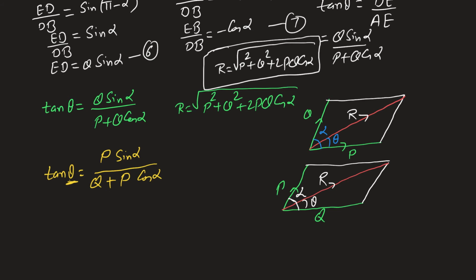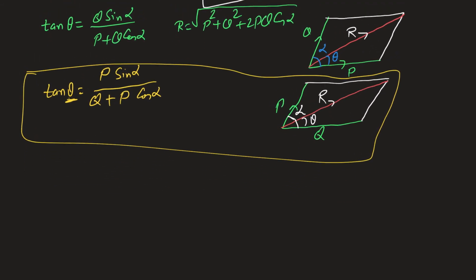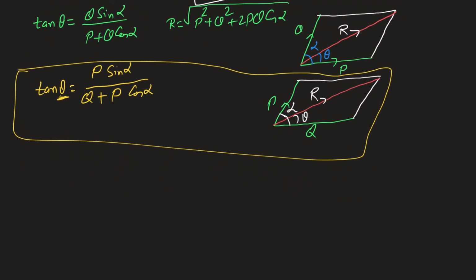So in this case it will be the formula. You have to keep it in mind, for both the cases you should know how to write tan theta. R will remain the same irrespective of the inclination of R with either of the forces. So now we will study the special cases here. You will see case number 1.